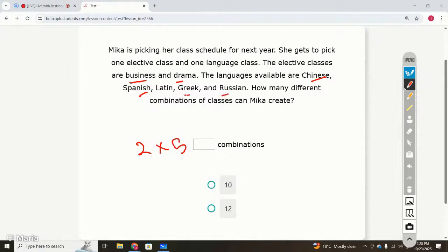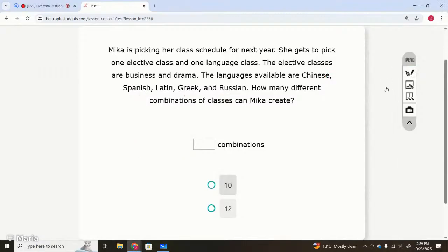So 2 times 5 makes 10. Option number 1 is the correct option.